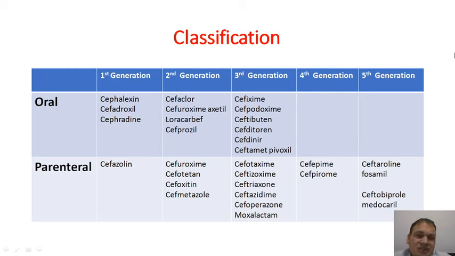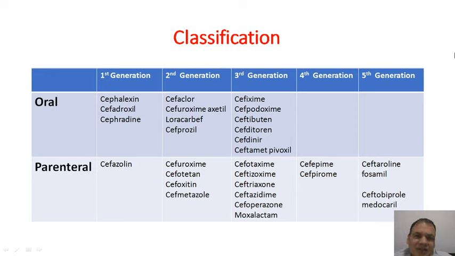In the first generation, they say if the antibiotic name starts with Cef followed by A, it generally belongs to the first generation, except cefaclor, which we said belongs to the second generation, an oral antibiotic. For example, cefadroxil: Cef followed by A, so we can assume it belongs to the first generation. Another example among the parenteral first generation is cefazolin, Cef followed by A, so it generally belongs to the first generation.